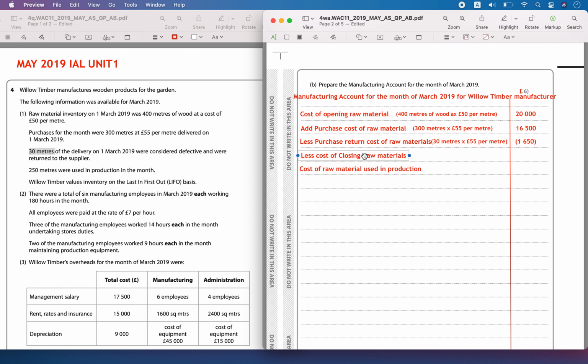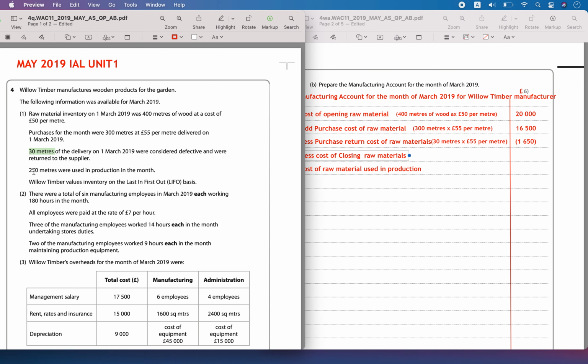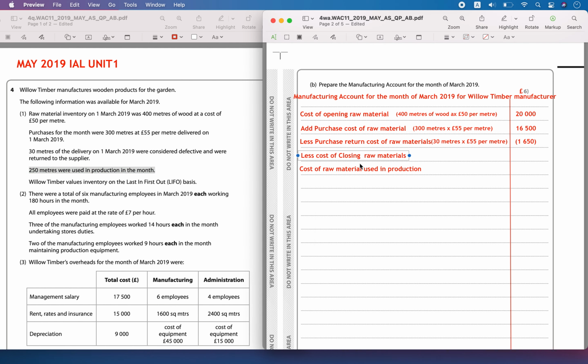Then you have to subtract the closing raw material inventory. He says that 250 meters were used in the production for the month. So here we can already see that 250 meters was used up.